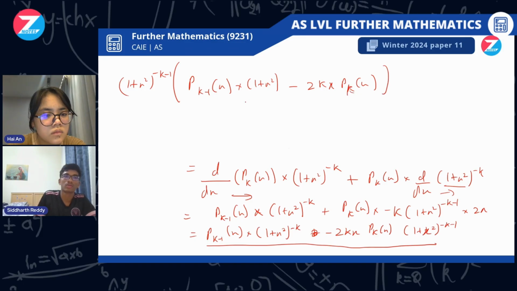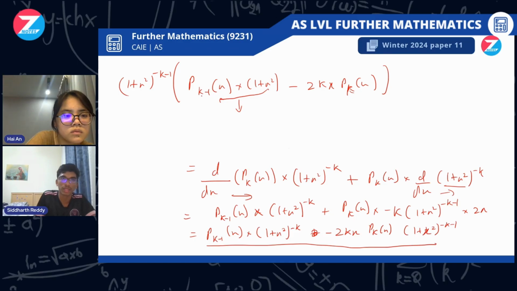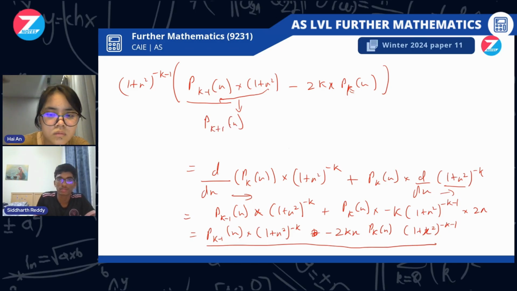Okay. Now notice this. After distributing these brackets and multiplying pk minus 1 of x times x squared, the degree of this polynomial will increase by 2. So it actually becomes pk plus 1 of x. And same thing over here also. This is pk of x after multiplying with x.